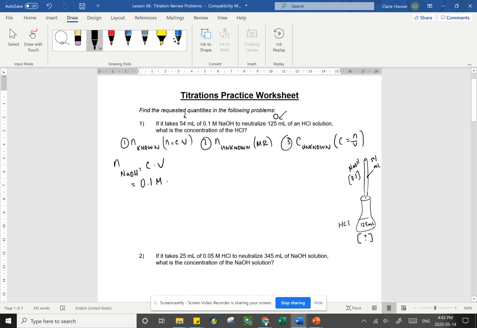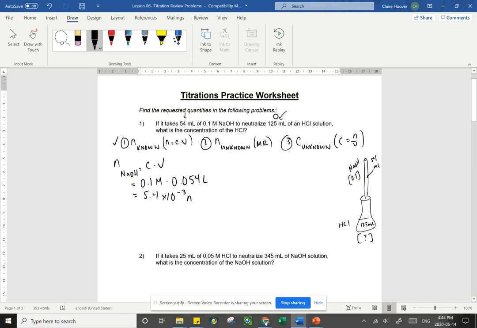And the volume was 54 milliliters, so 0.054 liters. Okay? That's going to give me 5.4 × 10^-3 moles. So I've done my first step, which is figuring out my moles of my known.